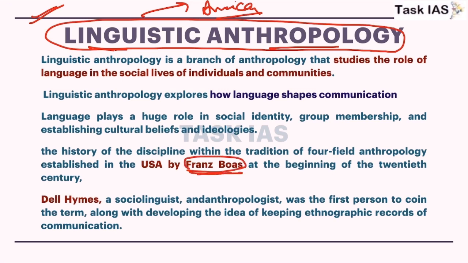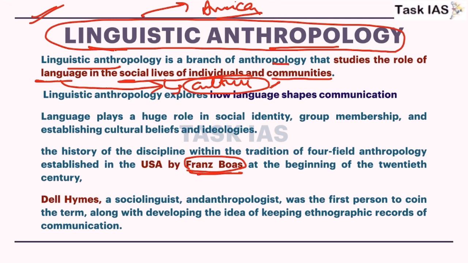So what is linguistic anthropology? It is the branch of anthropology that studies the role of language in the social life of individuals and communities. In social life there is an important word, that is culture. So language has an important relation with culture, which we will discuss in today's class.